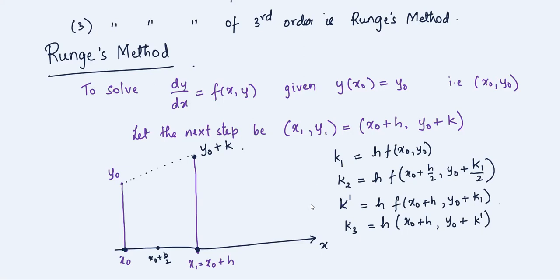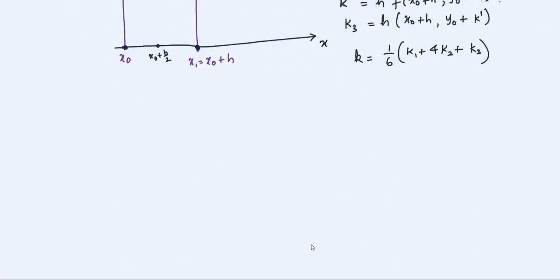So now finally k is computed. We want k, right? y naught plus k. Now k is computed as 1/6 times k1 plus 4k2 plus k3, just like in Simpson's rule.